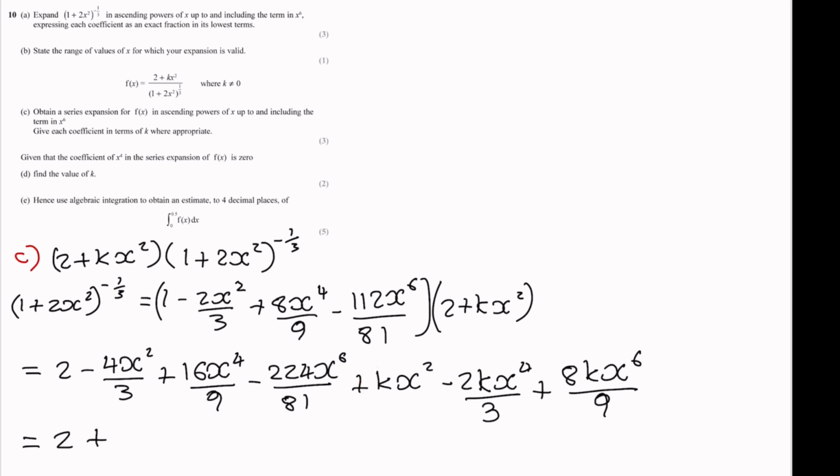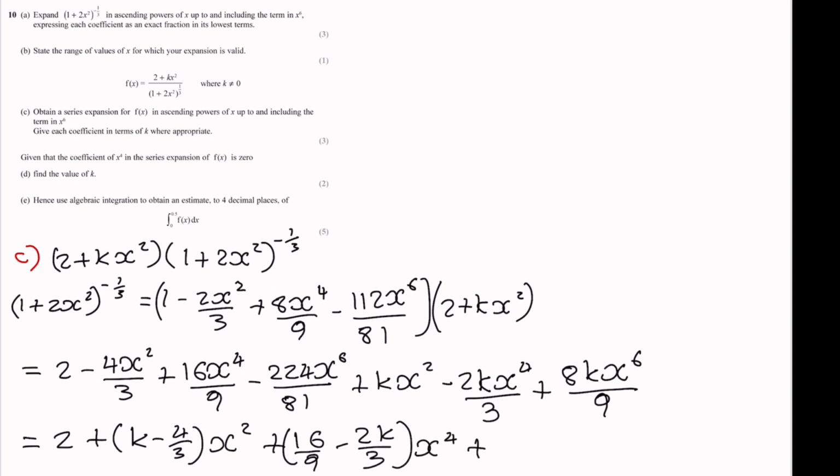So it's going to be k minus 4 over 3 x squared plus, if we now look at the x to the power 4 terms, I've got 16 over 9 minus 2k over 3 x to the power 4, and then finally the x to the power 6 terms, I've got 8k over 9 minus 224 over 81 x to the power of 6.